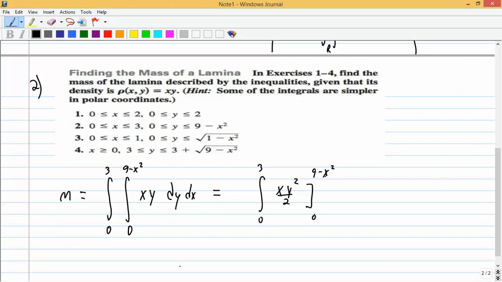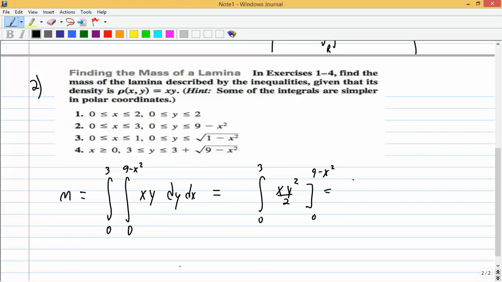So I want to plug that in for y. If you want, you could go ahead and move that 1/2 to the outside. You can just leave it in there too. That's fine.